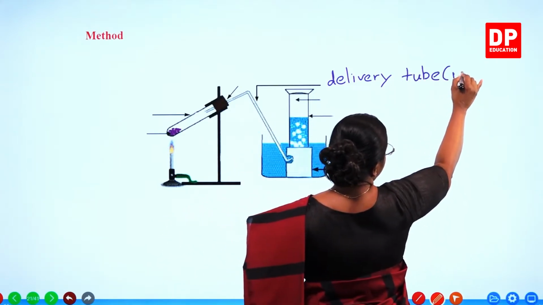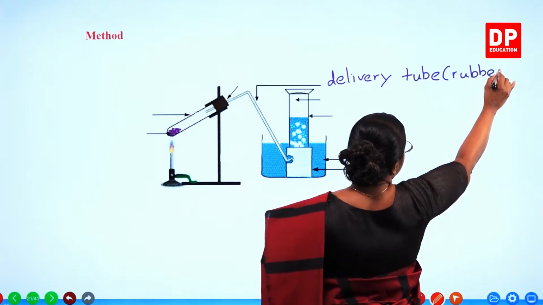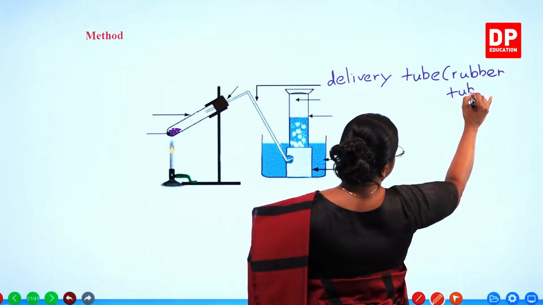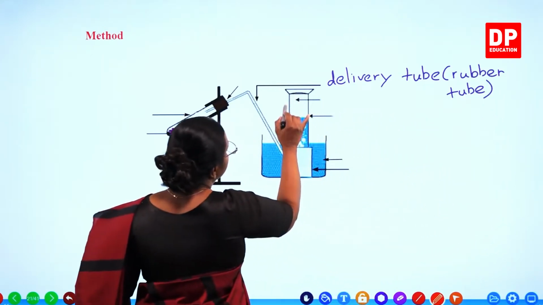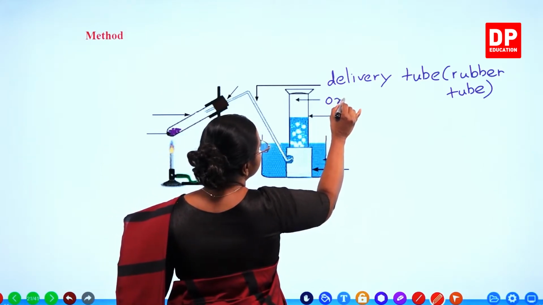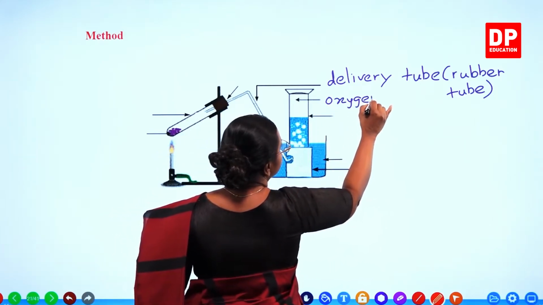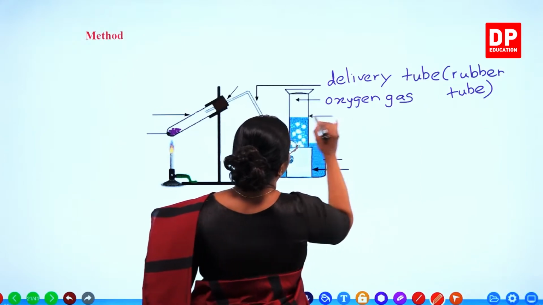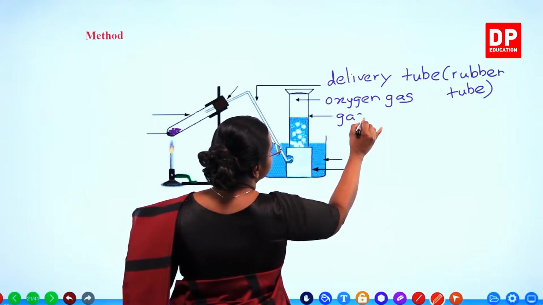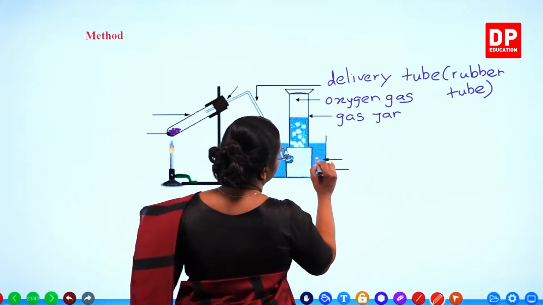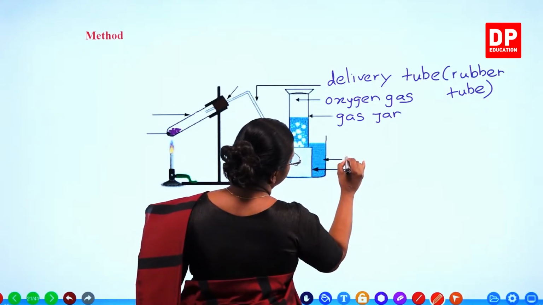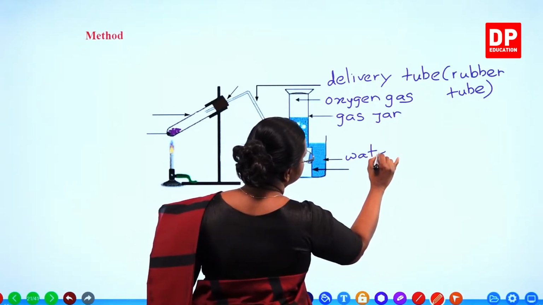Here of course it's going to be the rubber tube. And in here it will be the oxygen gas. And this is the gas jar. Inside it we have water.